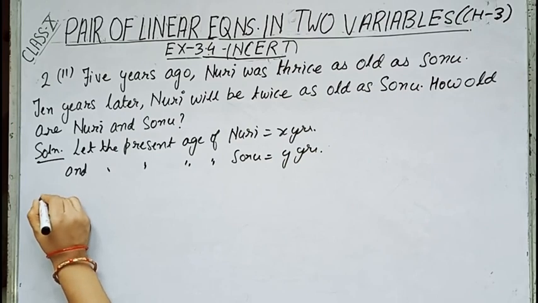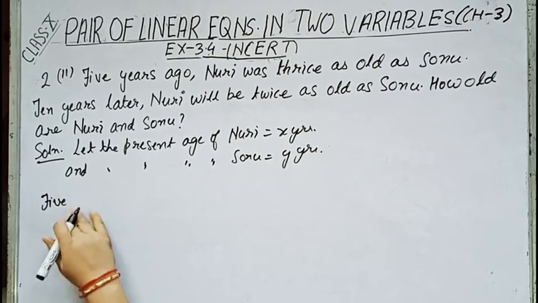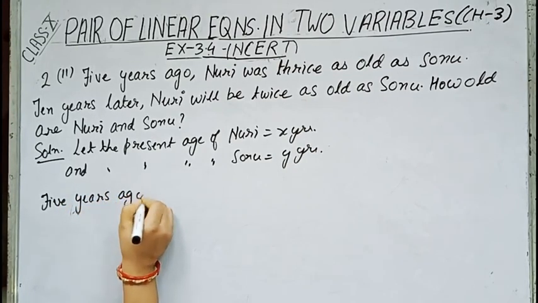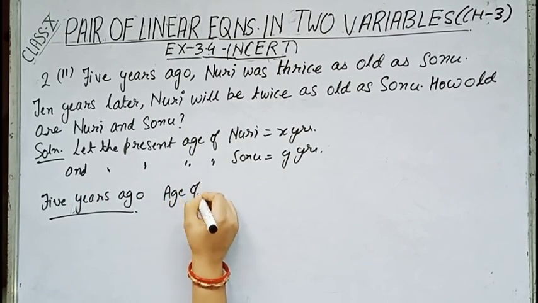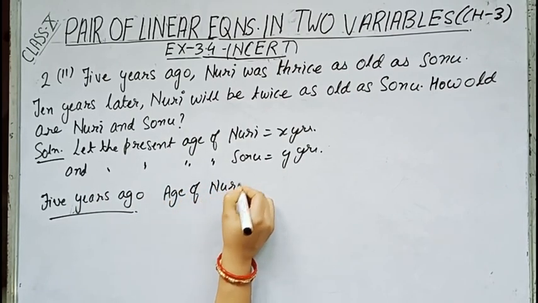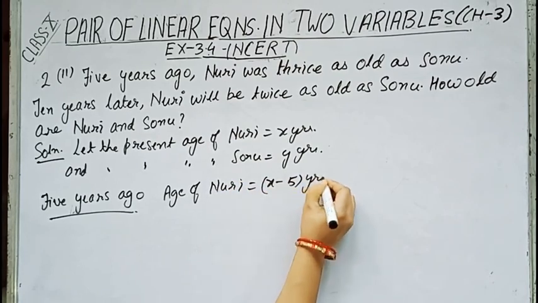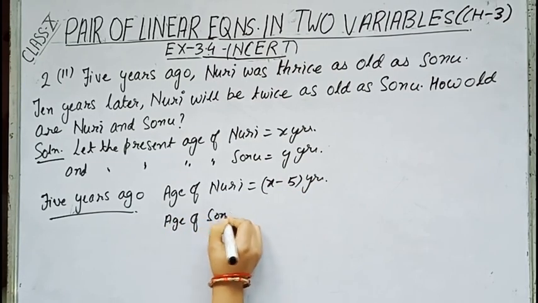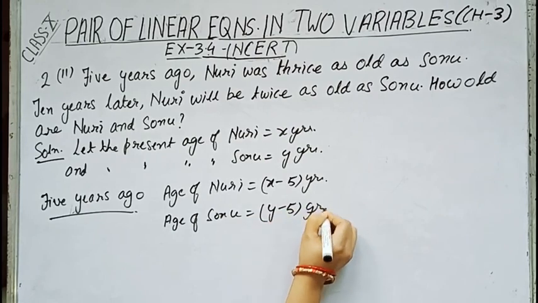Now 5 years ago, the age of Noori equals X minus 5 years. The age of Sonu will be Y minus 5 years.